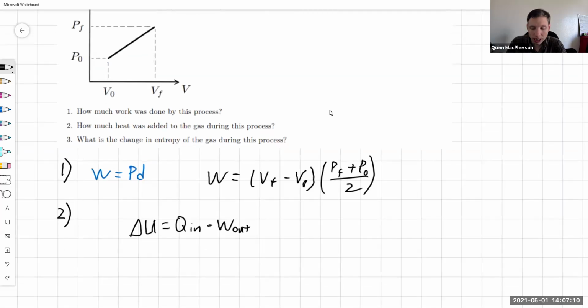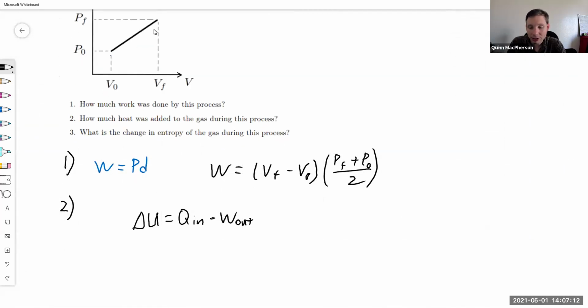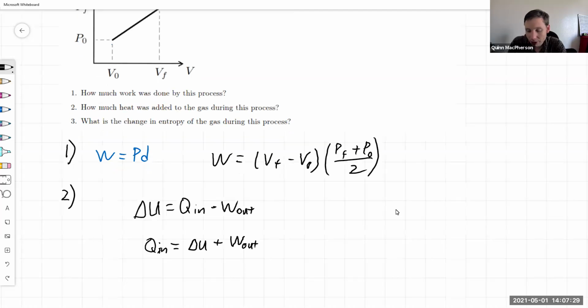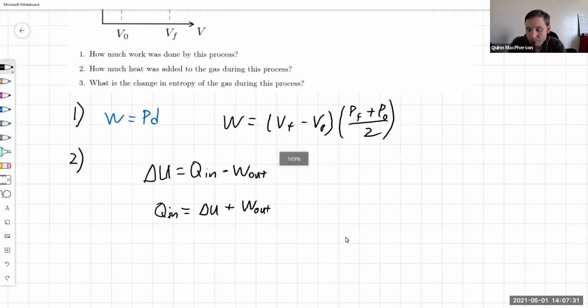Because this is doing work out, it's getting heat in. It needs a lot of heat in because it's going to go to a higher temperature. We want to solve for Q in. So Q in, the thing we're looking for, is delta U plus work out. We already figured out work out. It's right up there.